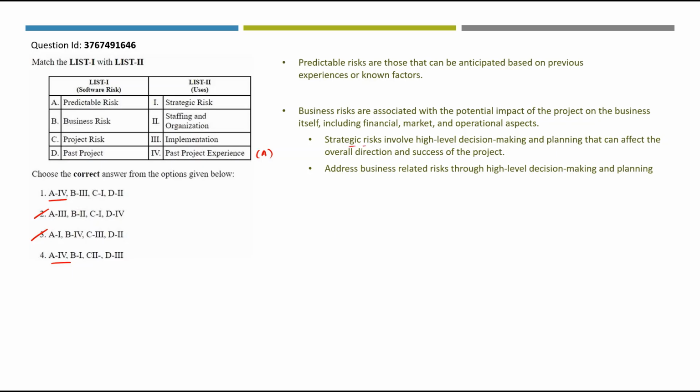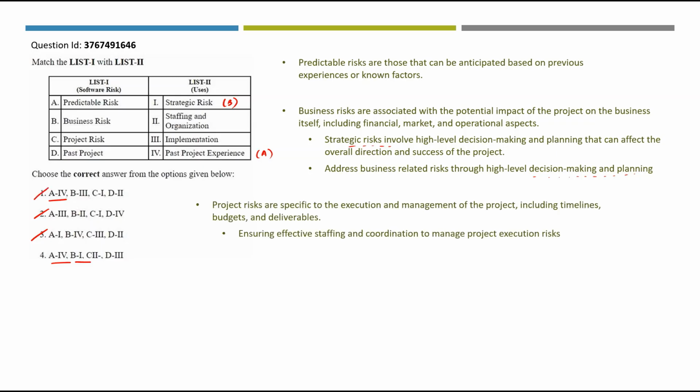Actually, this risk is associated with the business level. We can address business related risks through high-level decision making and planning. What does high-level decision making and planning say? It says they are strategic risk. So, B will be mapping to 1. B1 is available in option 4, so we can even rule out option 1.